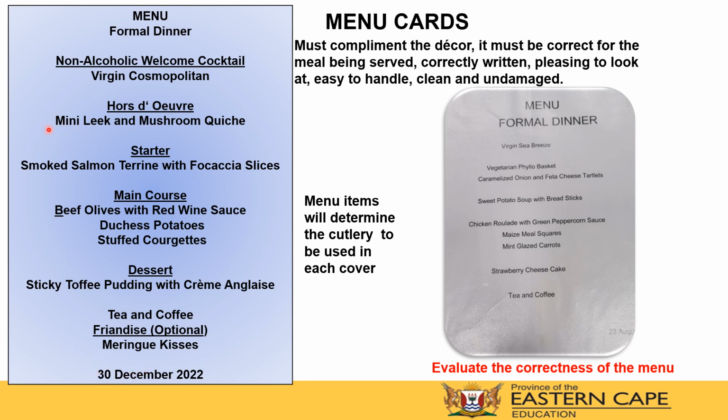Each dish must start with capital letters except for ands and withs. The menu on the left has that, as well as the menu on the right, so that part is correct. Then you've got your date. The date is very, very important and must be on your menu, whereas on the menu on the right hand side there is no date.